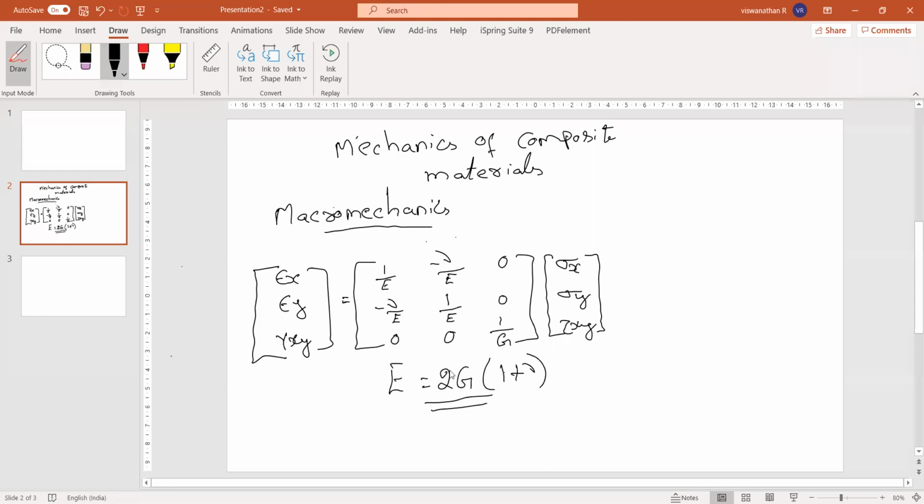You need to know 2 things to know the other one. So for an isotropic material, there are 2 independent constants. Okay. So this is something you should know.